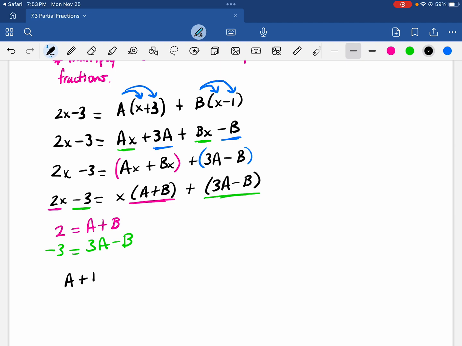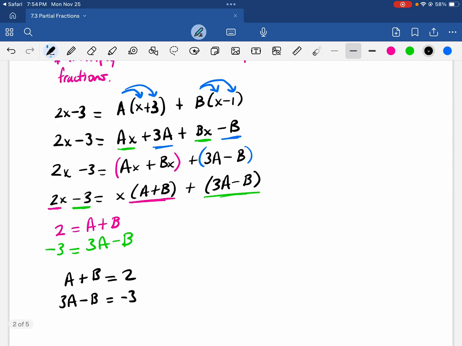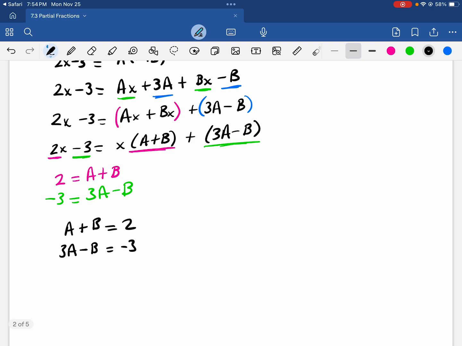I'm going to put the a, b's on the left and then what they're equal to on the right, just because that's kind of how we're used to seeing our system of equations. Right. I do notice here that easiest way I think to solve these is going to be elimination, because I notice that the b's both do not have coefficients in front of them, and one of them is positive and one of them is negative.